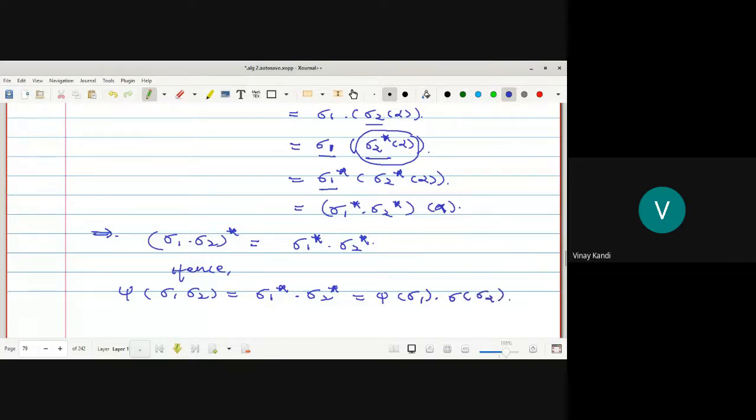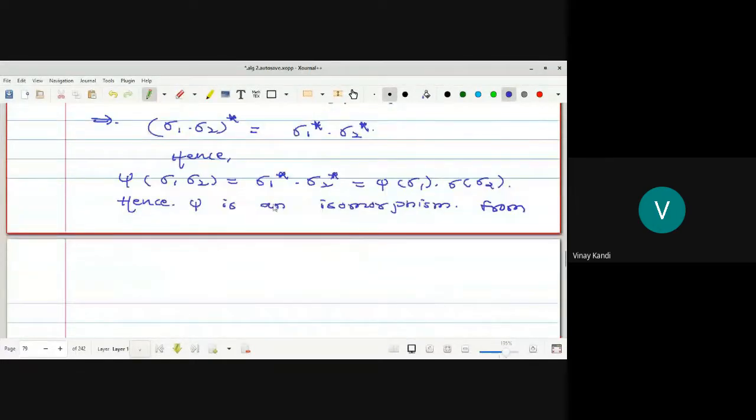Hence, psi is an isomorphism from G(K, F) to P. This implies G(K, F) is isomorphic to the set P, and P contains the set of those permutations on S. What is S?